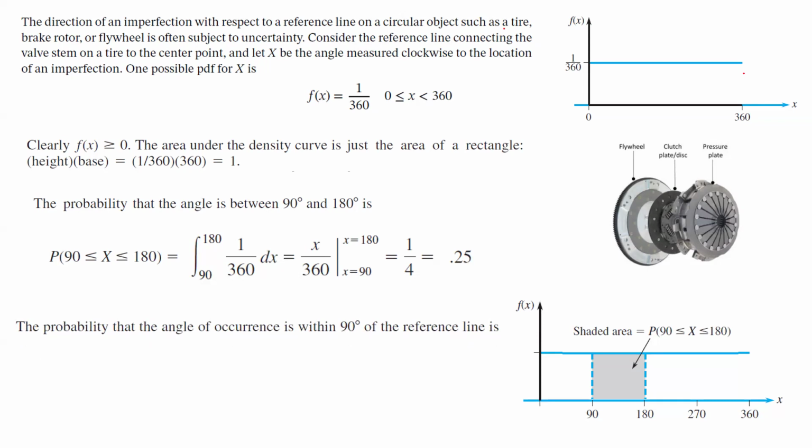The probability that the angle of occurrence is within 90 degrees of the reference line is the probability that X is bounded between 0 degrees and 90 degrees plus the probability that X is bounded between 270 degrees and 360 degrees. It is 25% plus, if we do the calculation for 270 and 360, we get 25% again.